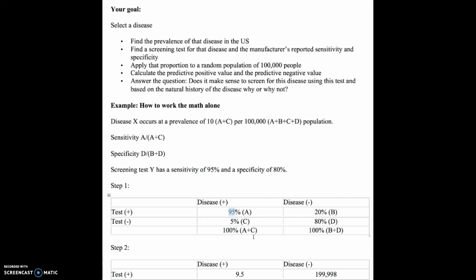Now, the sensitivity and specificity are A plus C equals 100. So 95%, 1 minus 95 gives you 5%. And that's how you know what goes here. B, again, 100% minus 80% is 20%. Okay? So this is the first step that you have to put in your discussion post so that you can understand how to work the math appropriately.